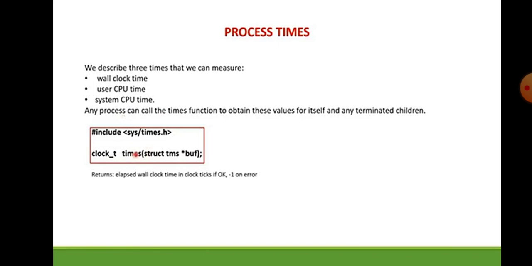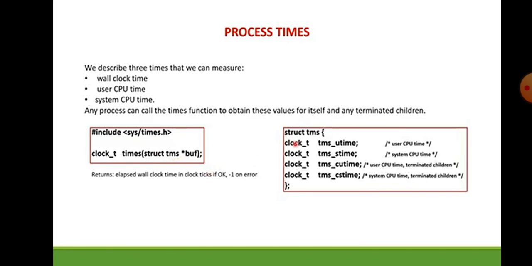Okay, what does it return? It returns the elapsed wall clock time in clock ticks if everything is okay, and -1 on error. Okay, so as you can see, this tms is a structure, and the function fills in the tms structure pointed to by the buffer.